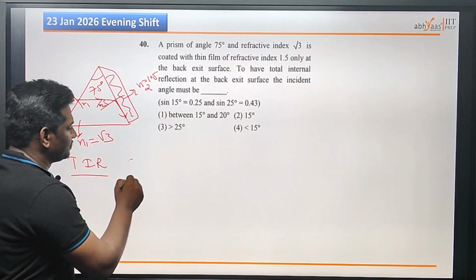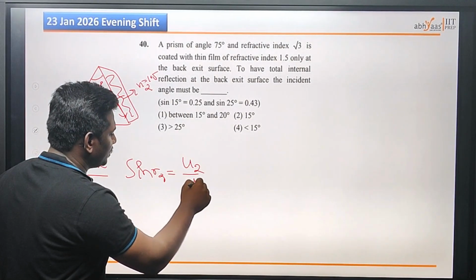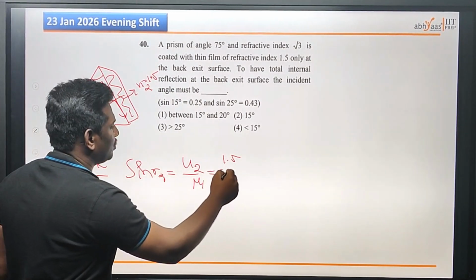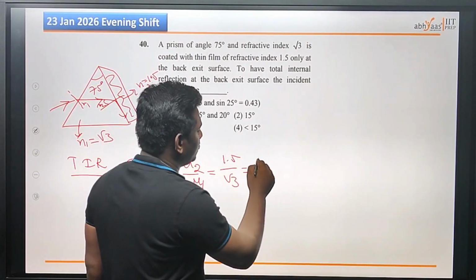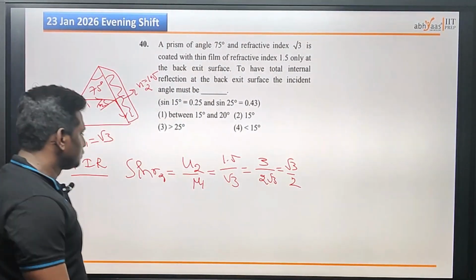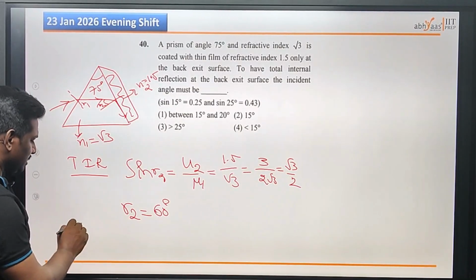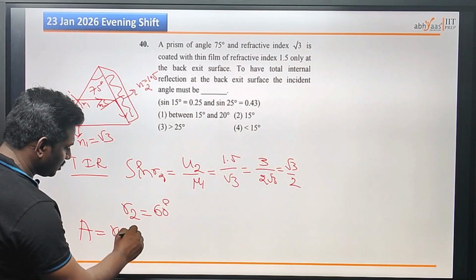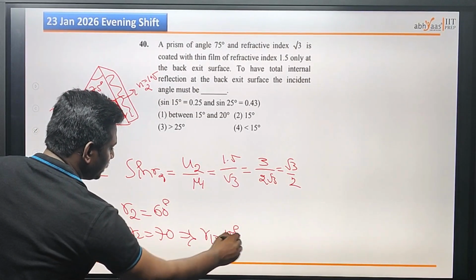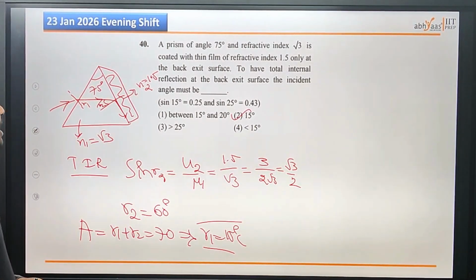Sin R2 can be written as mu2 by mu1, that is n2 by n1, 1.5 by root 3, which you can write as 3 by 2 root 3, so you will get root 3 by 2. So R2 can be written as 60 degrees. We know that A equal to R1 plus R2 equal to 75. From this, R1 can be 15 degrees. Option 2 is your answer.